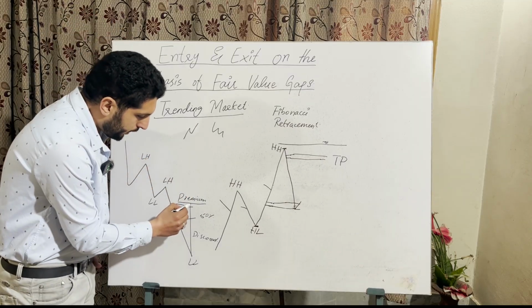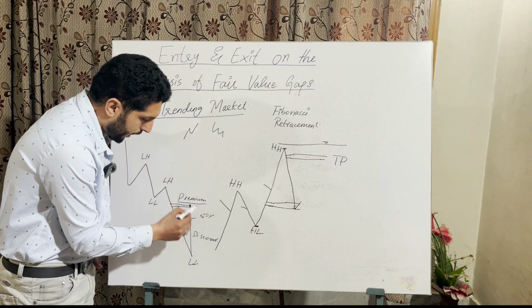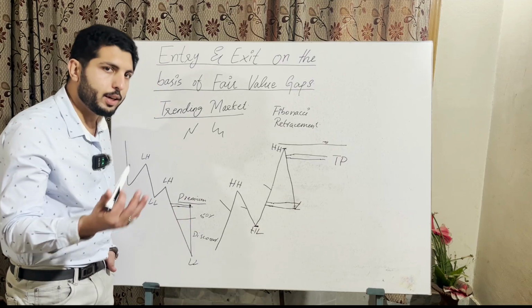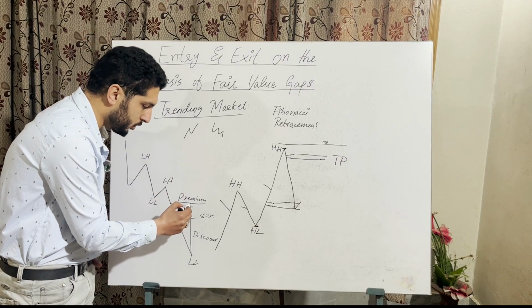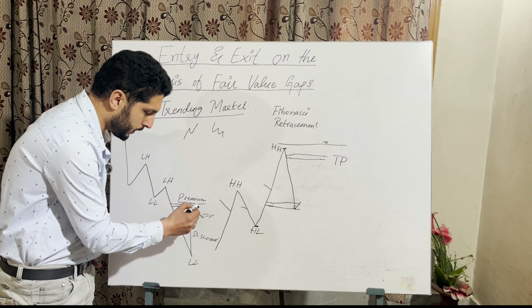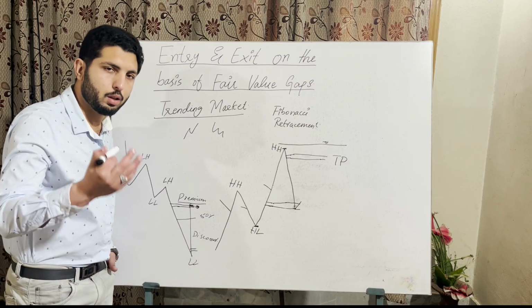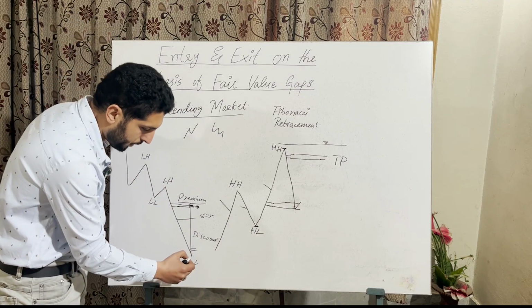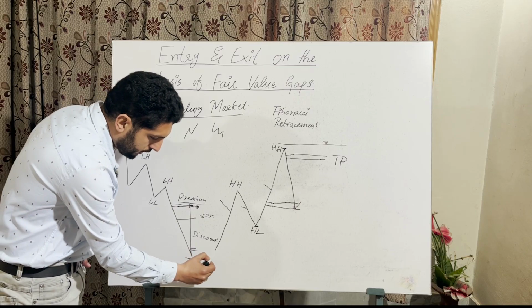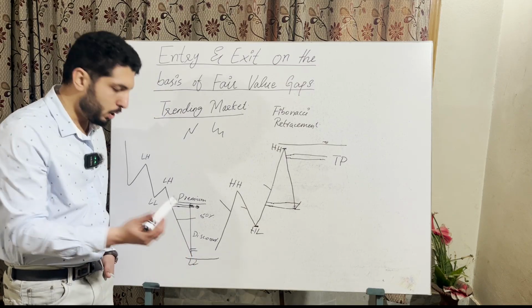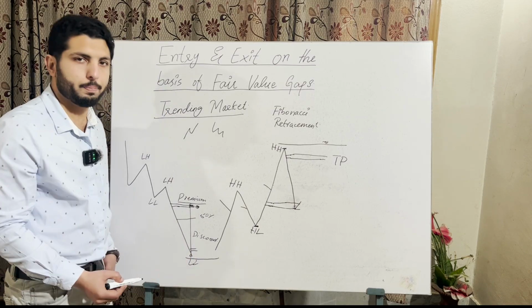So let's say it closes in the gap. Now we will take a sell entry at this point, and we will target the first fair value gap at the lower low area, or the area below the lower low.